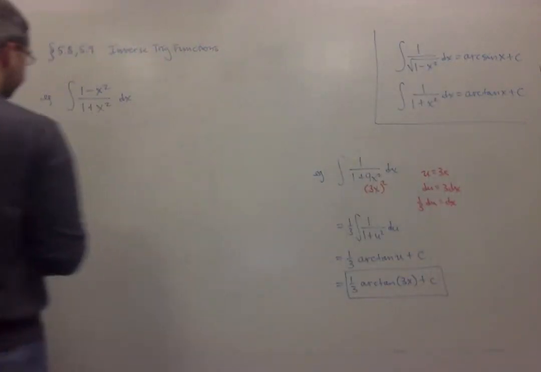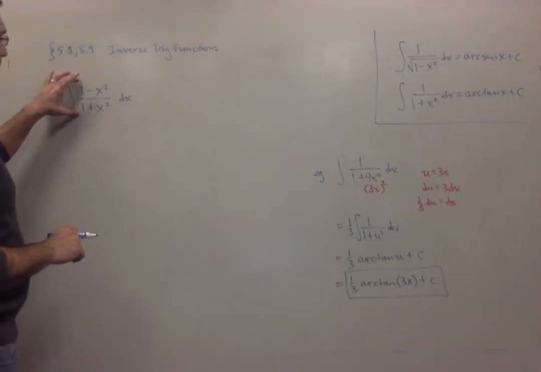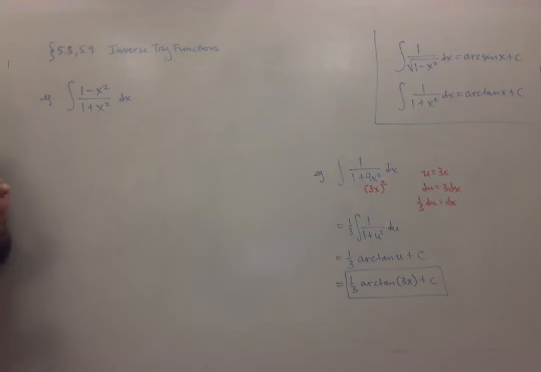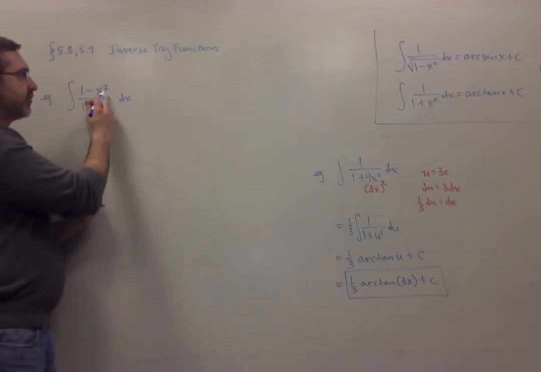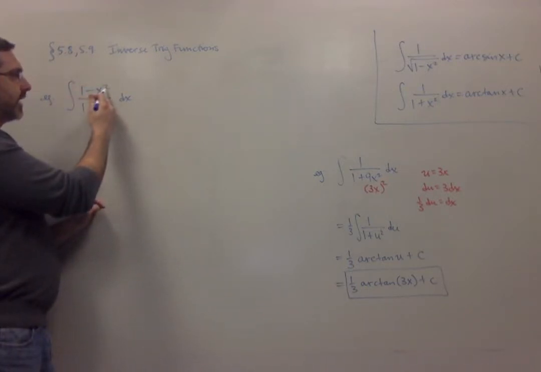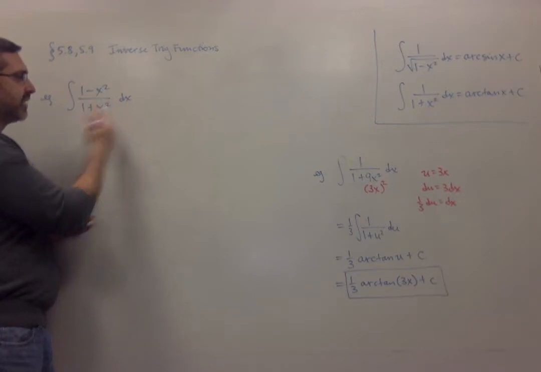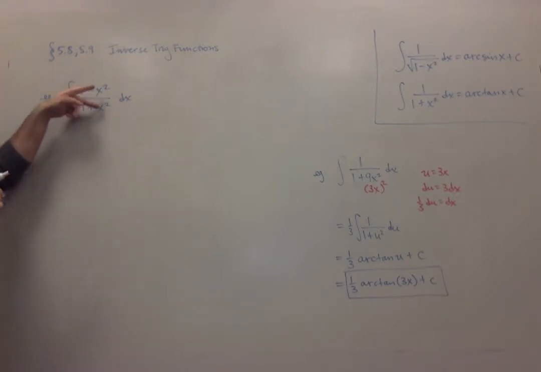Now the top and the bottom are both polynomials. And notice that the degree of the top is 2. The highest power of x is 2, and the highest power of x on the bottom is 2. If they're equal or this one is bigger, you need to start with long division.